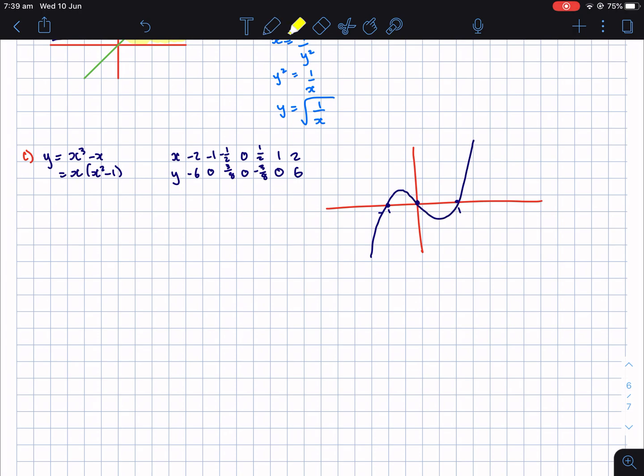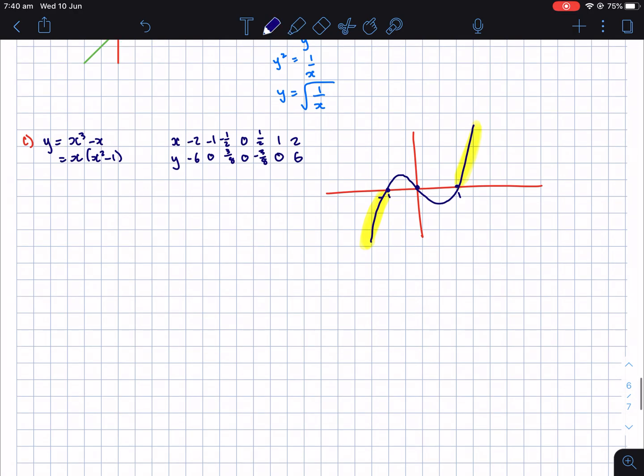So if we restrict our domain to down here and to up here, then we're fine. Because if we restricted it to down here as well, we would have failed the horizontal line test. But I can't have them both equal it because then it's going to fail the horizontal line test along there.